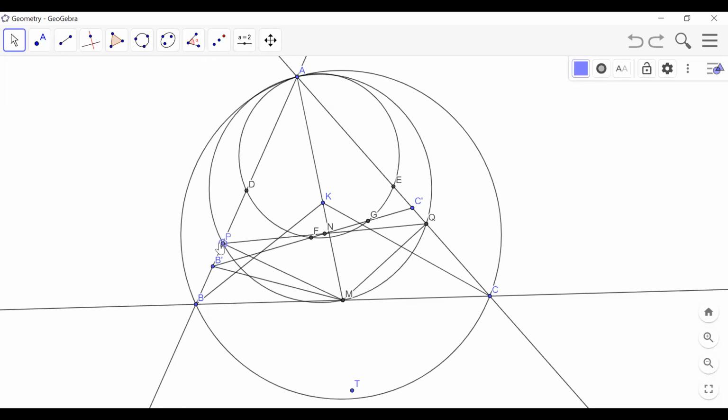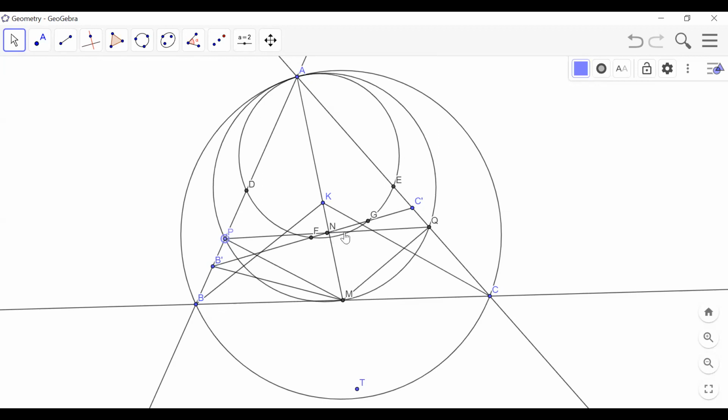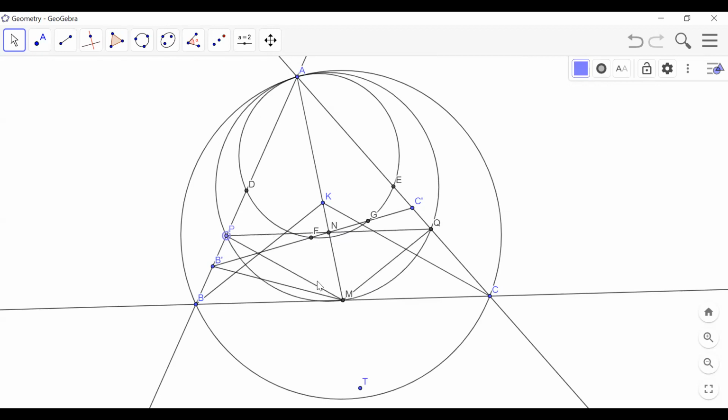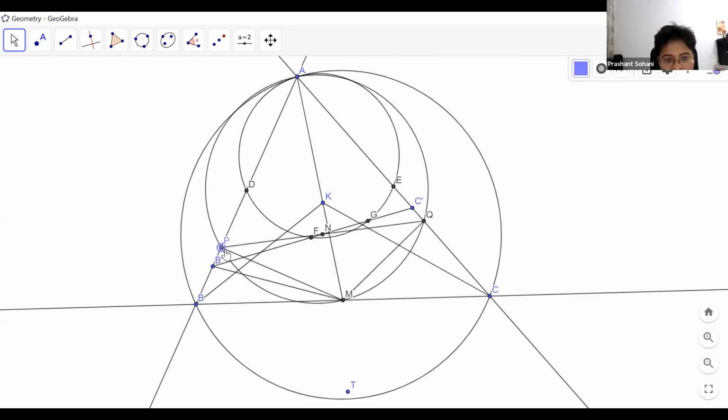So what we do is, you know that the angles in this triangle are fixed. So there will be a spiral homothety with known constants, which will take P into N, around center capital M. So angle PMN is known and the ratio PM upon NM is also known.